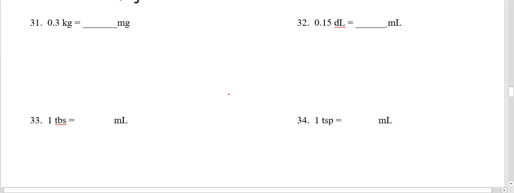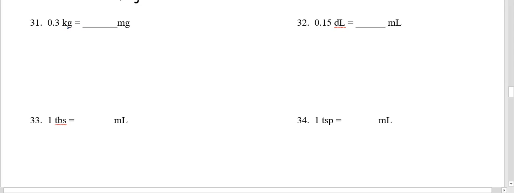The rest of our problems for this is just straight conversions, just really a lot of practice, a lot of different scenarios. So if I'm going to go from kilograms to milligrams, I'm going to take 2 steps, because it's easier than going all the way to milligrams first.